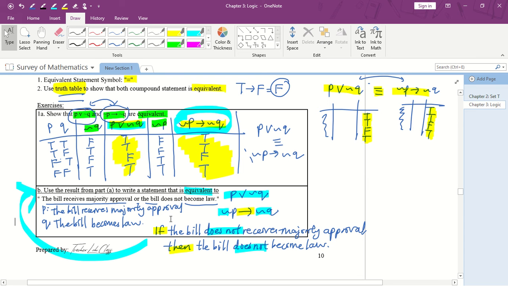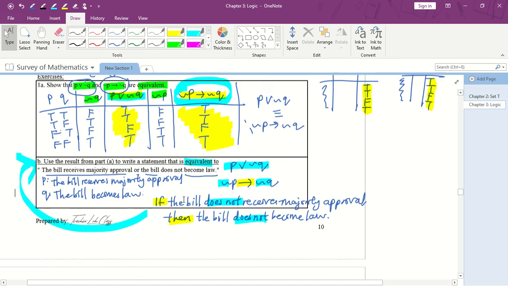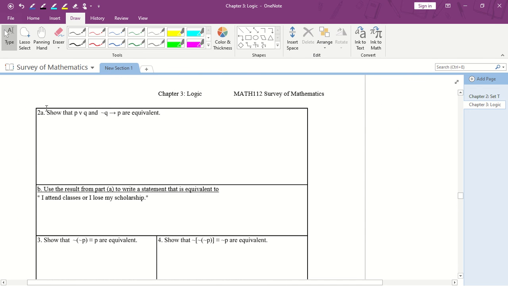Let's look at the next question here. It says that P or Q and negation Q to P are equivalent. So now it says that this and this are equivalent. So let's try to prove it. We prove it using the truth table.